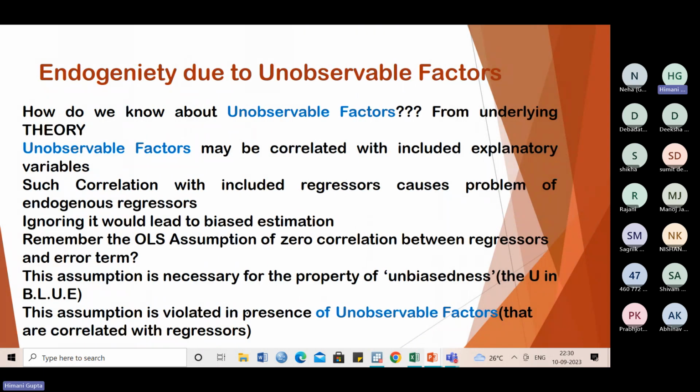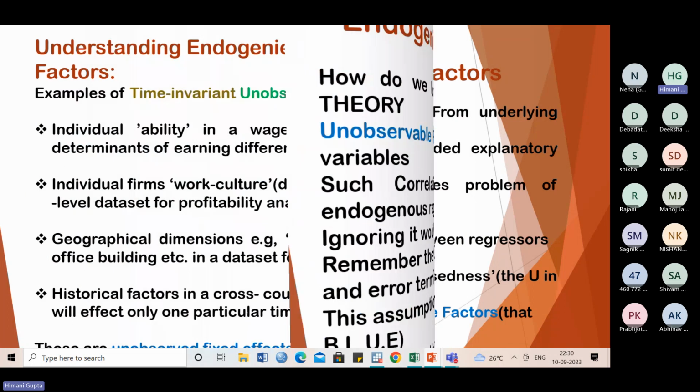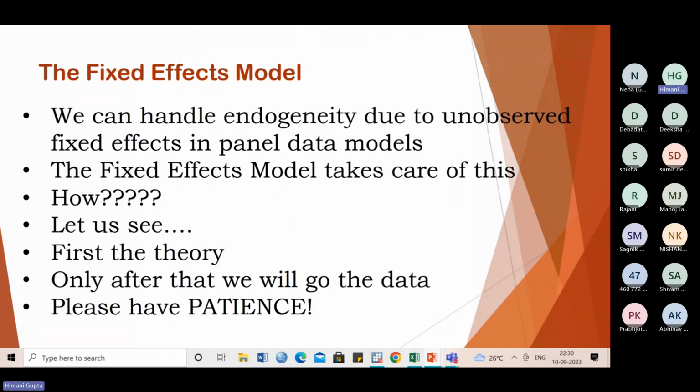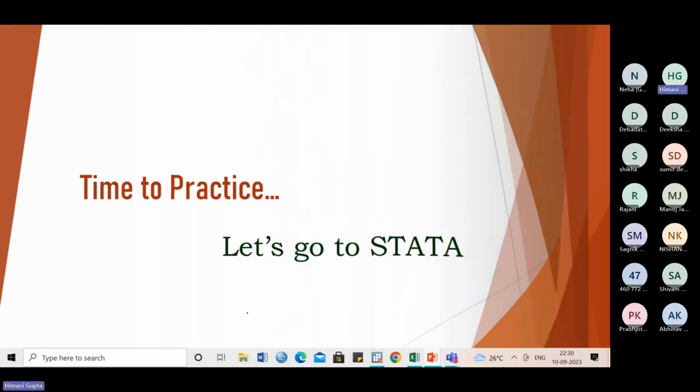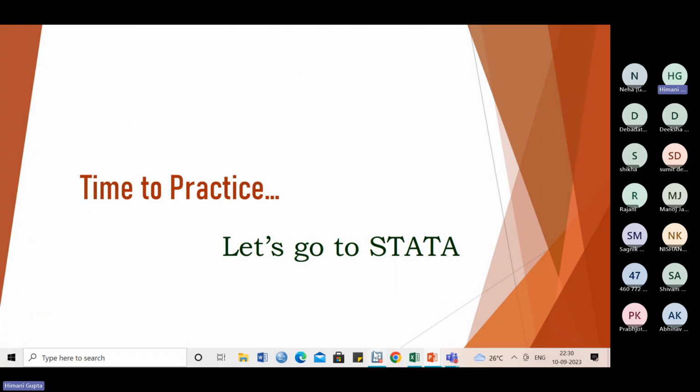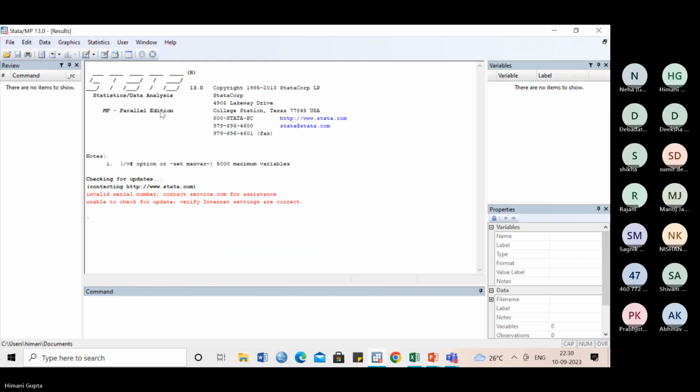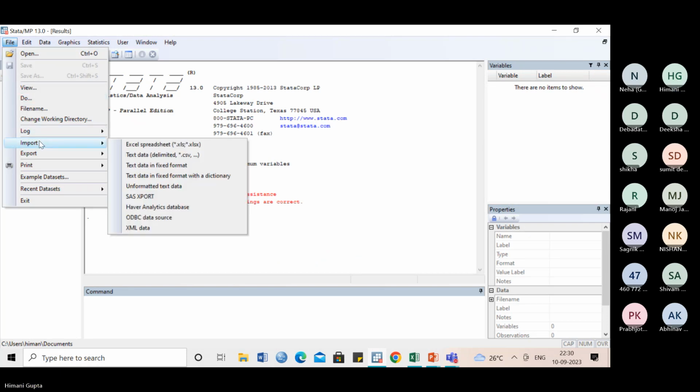Okay, so let me move to Stata. This we have already done. Examples I have already given to you. Okay, let's move to Stata. And let me import my file.